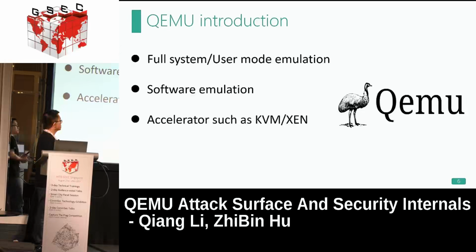So you can use accelerators such as KVM. Actually, when we talk about QEMU these days, we almost always mean QEMU together with KVM, which comprises one complete virtualization solution.